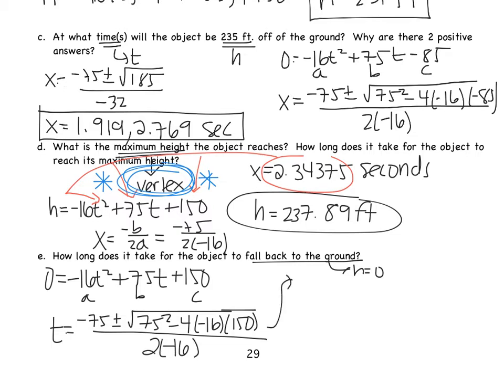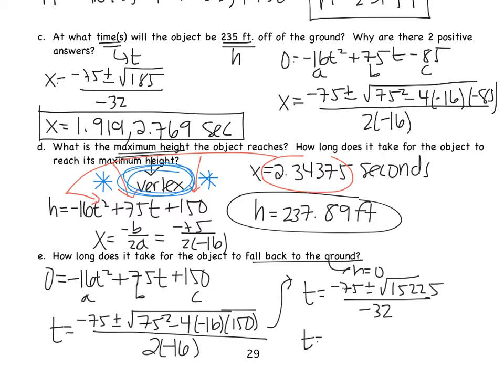So then what I would do if I were you is I would put the numbers underneath the square root in first and figure out what that is. When I did that, I got 15,225 to be underneath the square root.